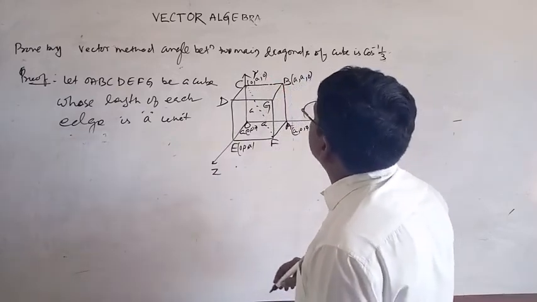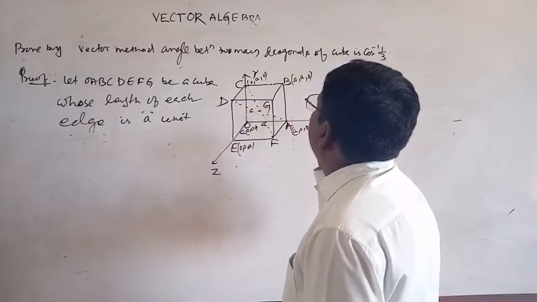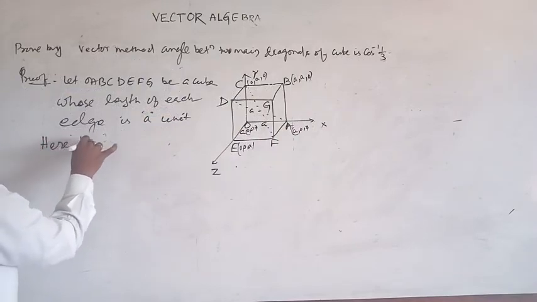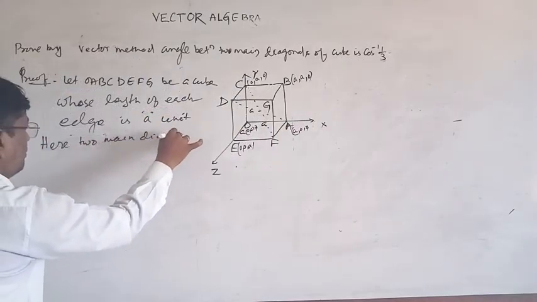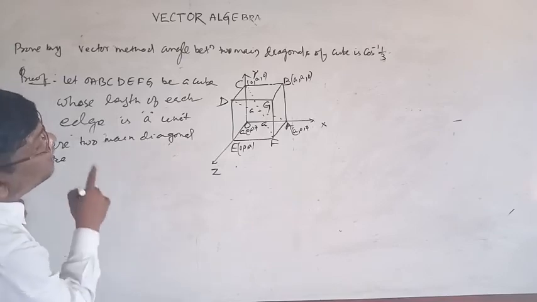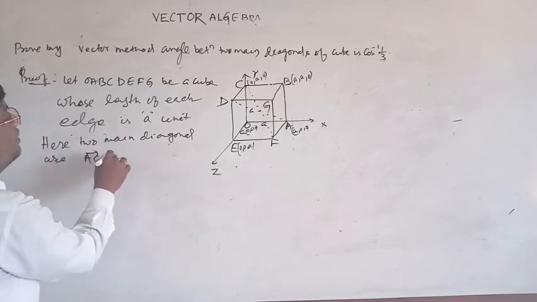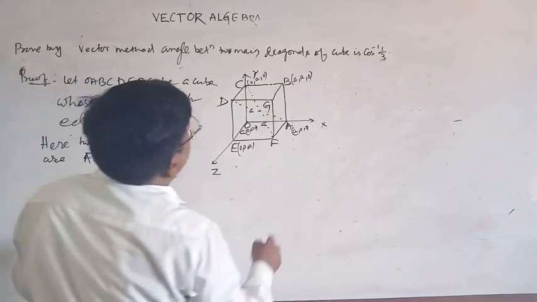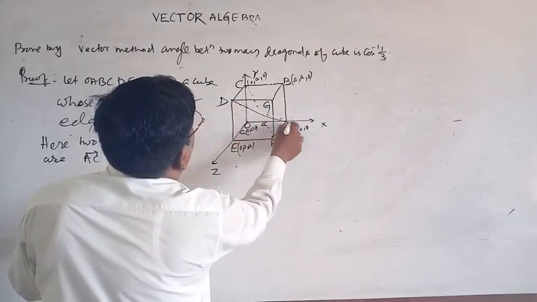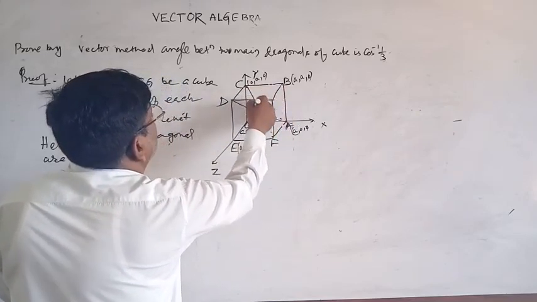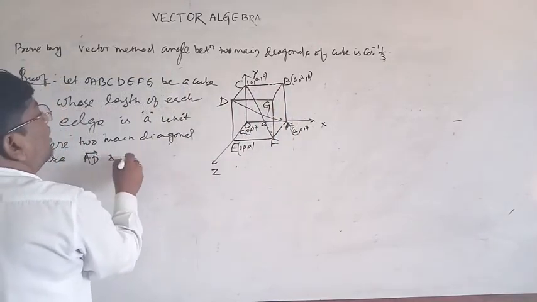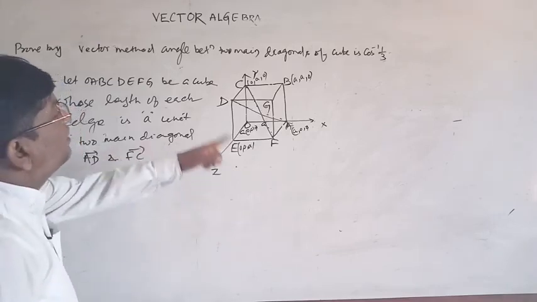Here the two main diagonals are AD, this is the diagonal, and another diagonal, FC. So AD and FC.